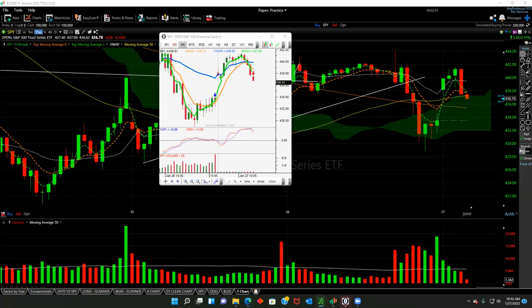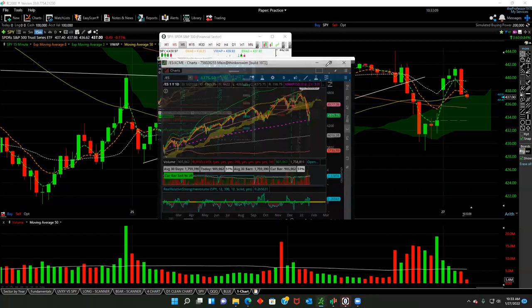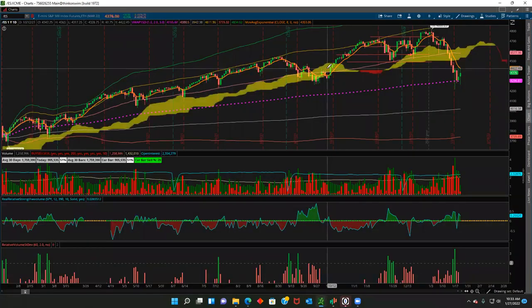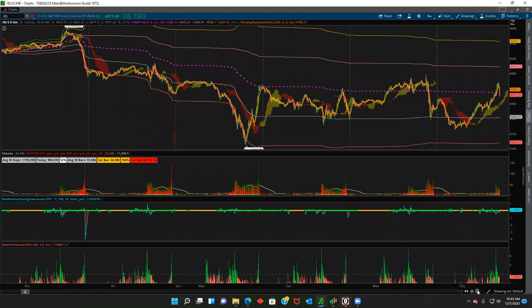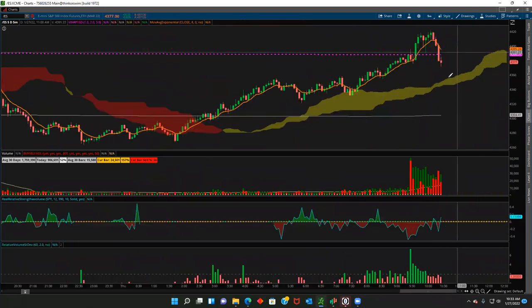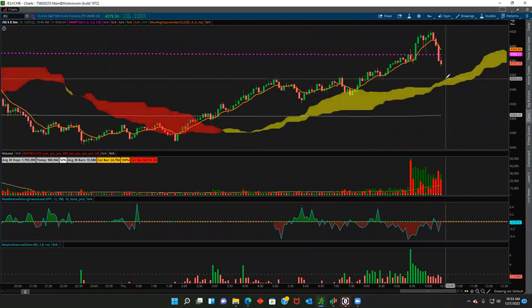Let's see here. Oh, there we go. So I'm short at 4373.25. I am going to look at another chart that I have here, which I'll bring up. This is my ES account on Ameritrade. I want to look at what the cloud looks like over here. So I'm going to go into 5 minutes, and I am going to look for my target level on ES, which is going to be right around this level here at 43.54.